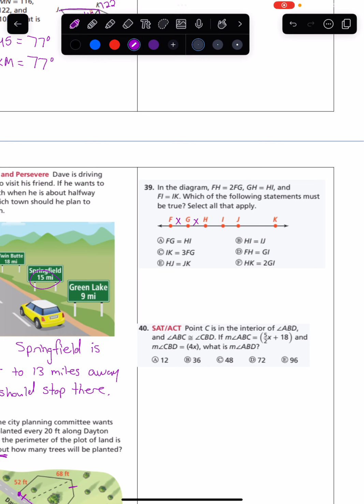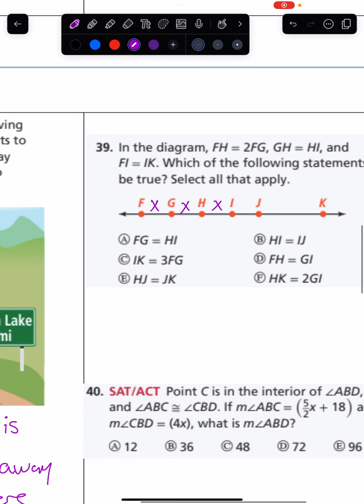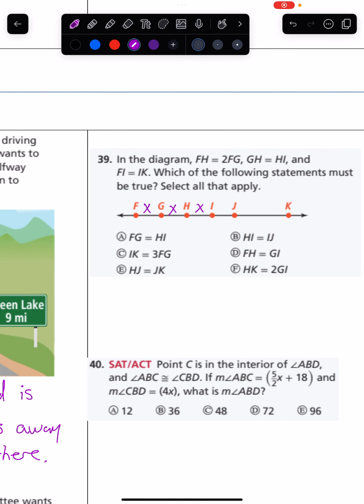Then we know that GH is equal to HI, so if GH is X, HI is also X. And the distance from F to I is equal to the distance from I to K. Well, from F to I, it looks like we have 3X units long, which means that from I to K, this entire distance is also 3X.